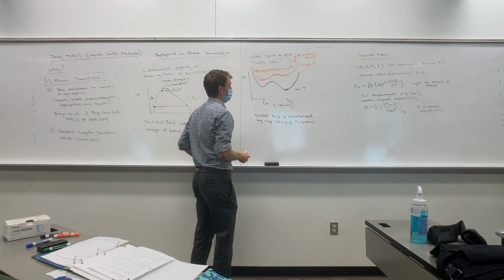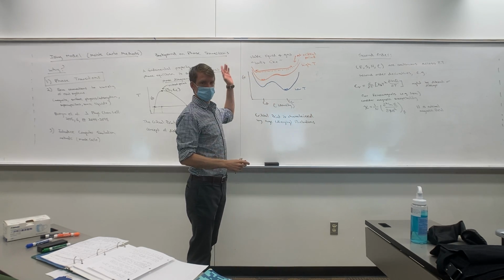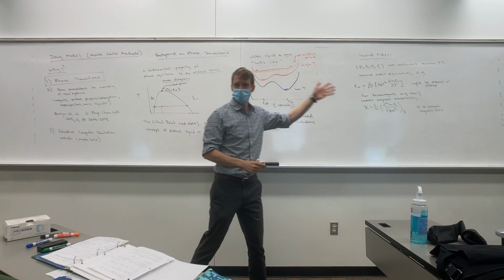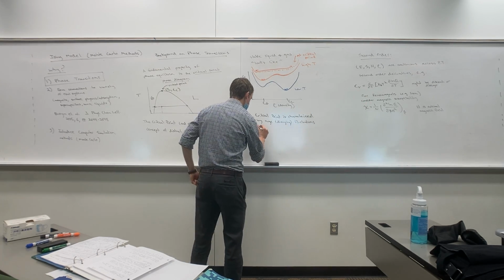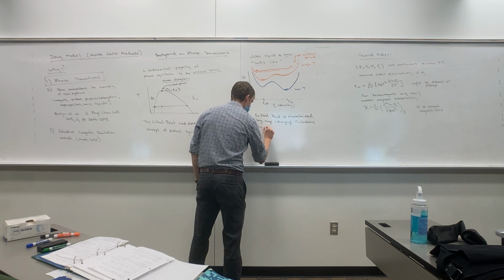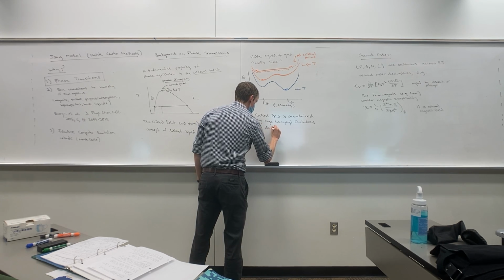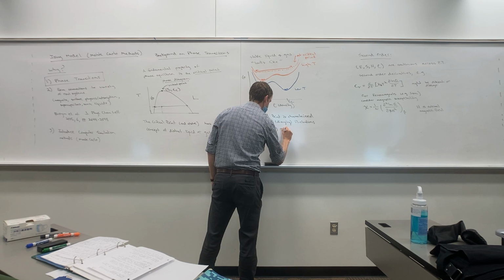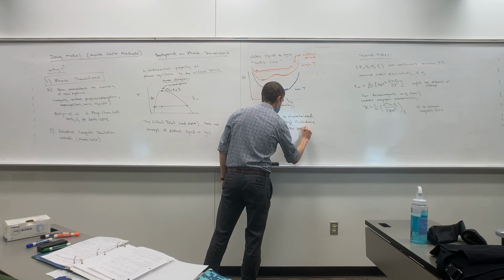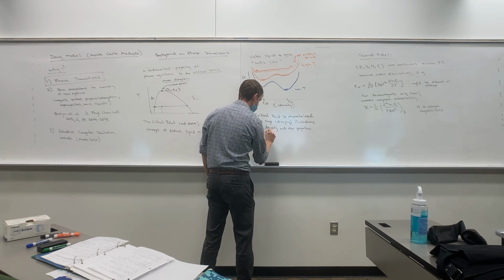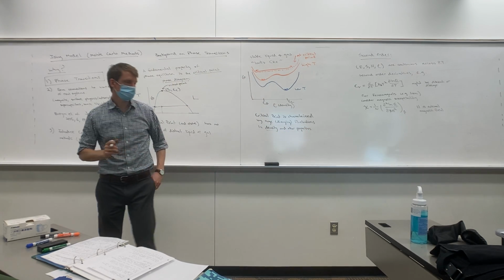Right? Everyone agree this is a fluctuation? If I'm exploring the density, my density is just fluctuating from low to high, just back and forth. Say in density and other properties. Okay. Primarily we think about fluctuations in density.